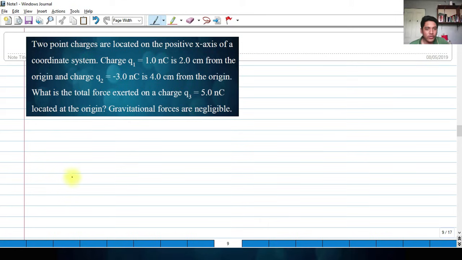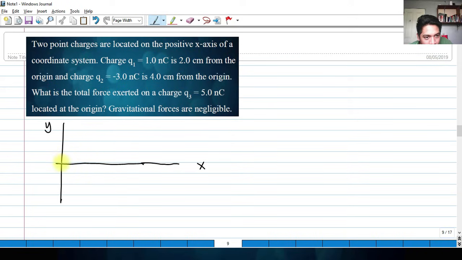So what we are going to do is, first, two point charges located on the positive x-axis. So we have to draw an x and y coordinate here. Please forgive me for my drawing, it's not even straight. Y and x. So, charge Q sub 1, according to the problem, is located 2 cm from the origin.